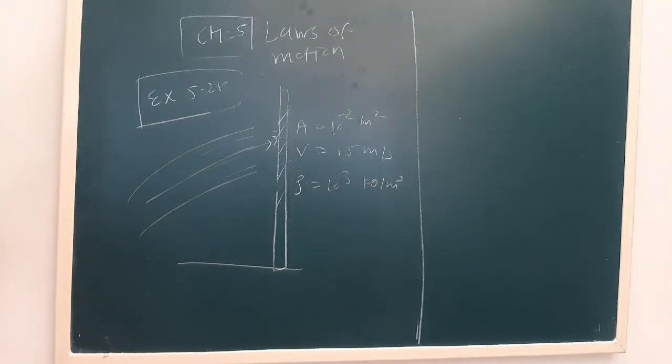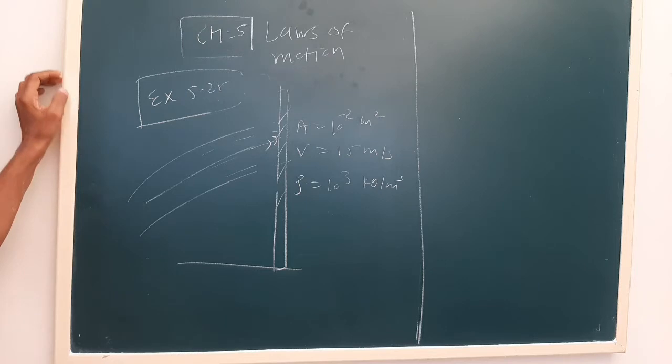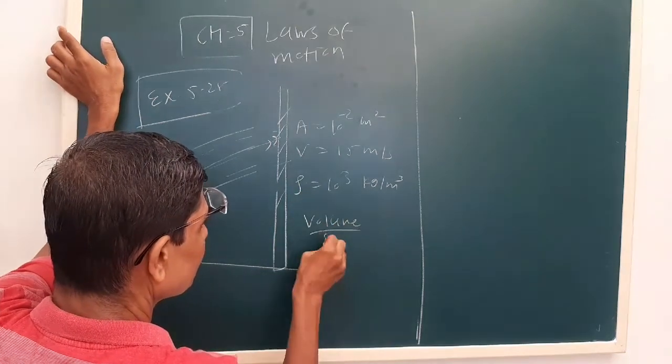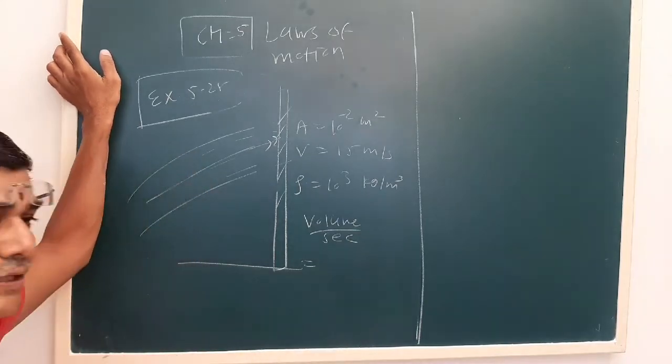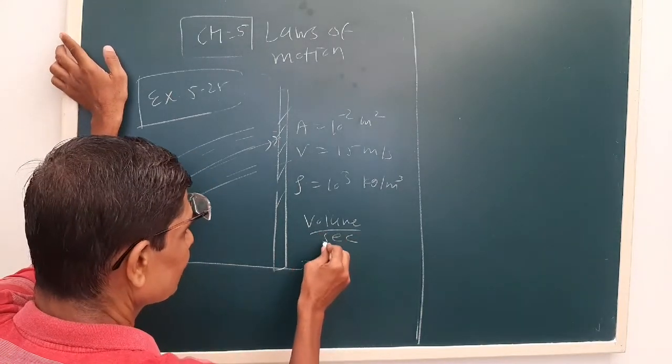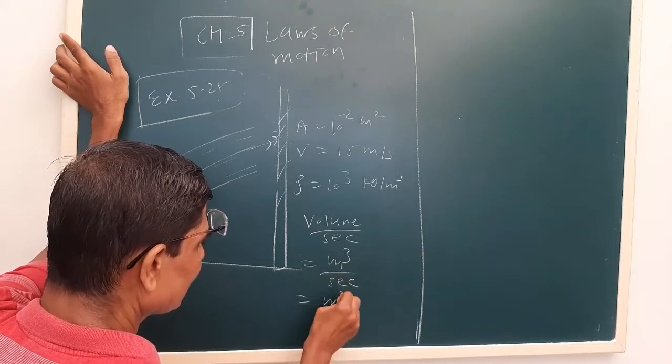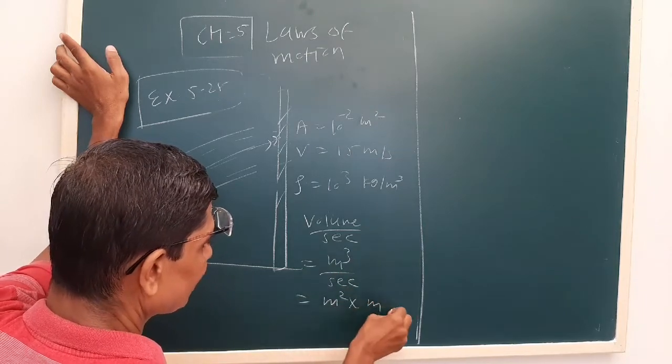Now see, here we will use the volume per second. Now this one is interesting. Volume is meter cube. This I can write as meter square into meter per second.